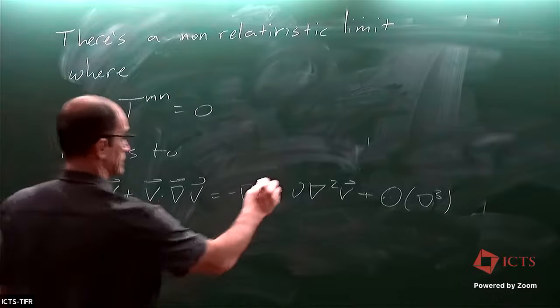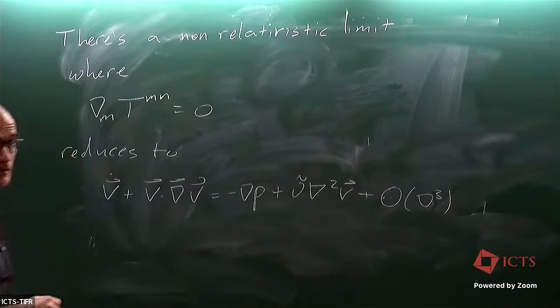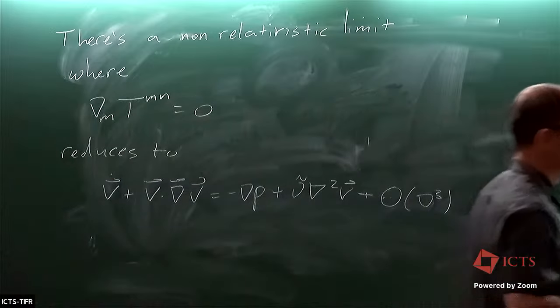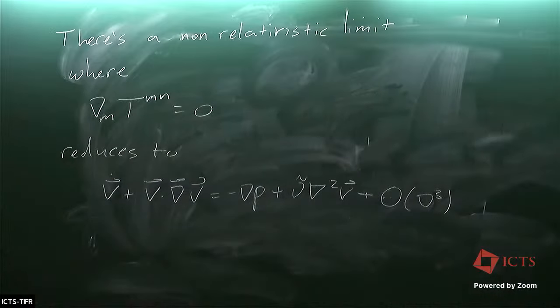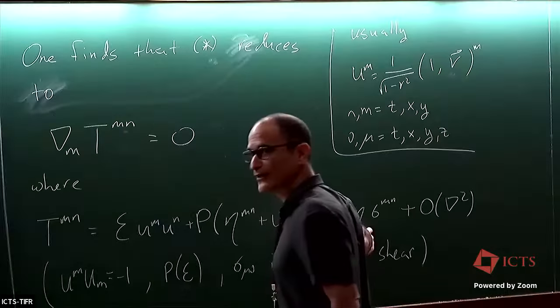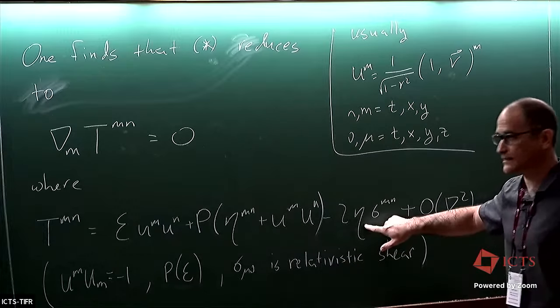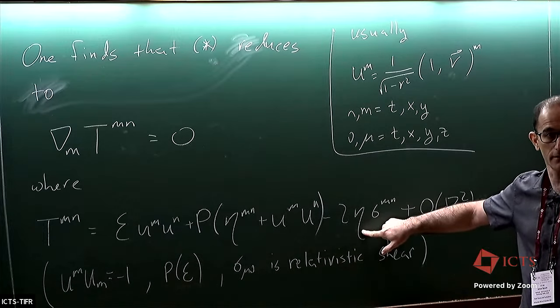It's related to the viscosity over there. How is it related to the black hole? I mean, here you have a viscosity. This is the viscosity that's associated with the relativistic flow.